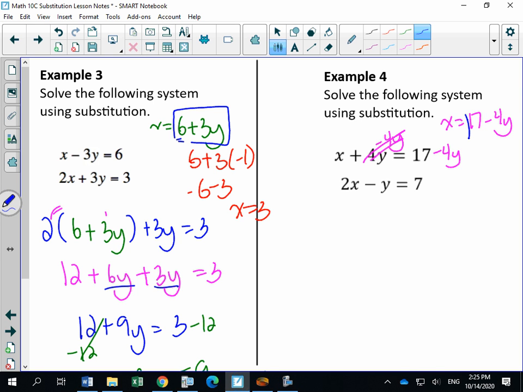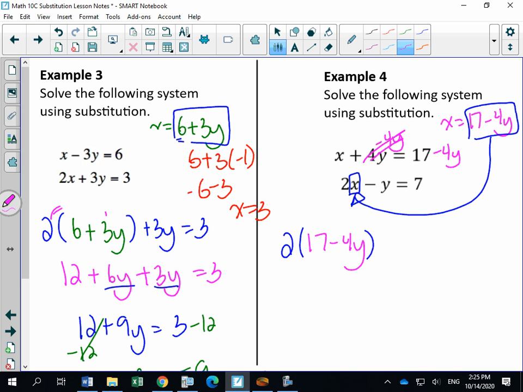I'm going to box that in. And I'm going to say, is there an x in the second system that I could substitute that into? The x is right here. 17 minus 4y is going to get substituted in there. So 2 times 17 minus 4y minus y is equal to 7.